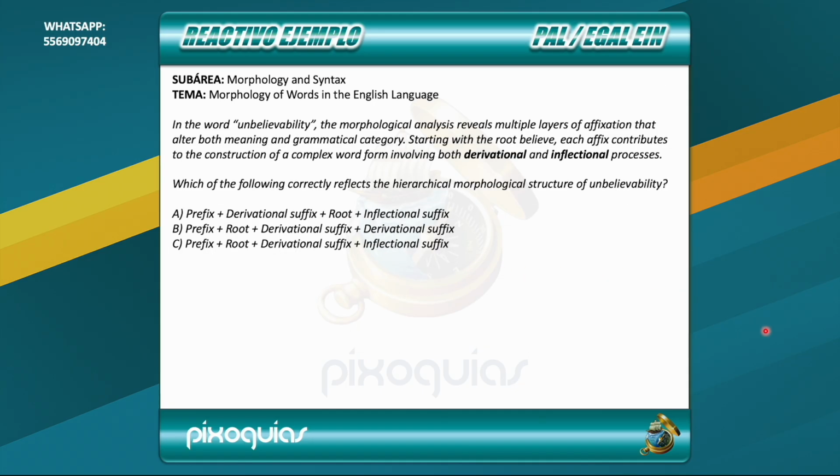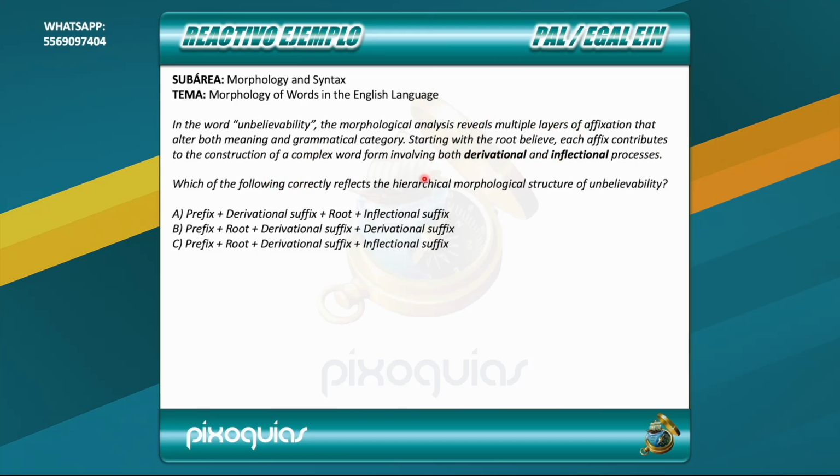Now we have another exercise of morphology and syntax with the topic Morphology of Words in the English Language. In the word unavailability, the morphological analysis reveals multiple layers of affixation that alter both meaning and grammatical category. Starting with the root, each affix contributes to the construction of a complex word, involving both derivational and inflectional processes.